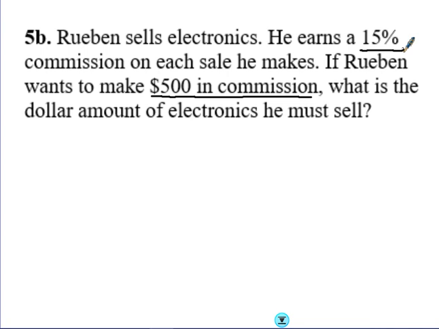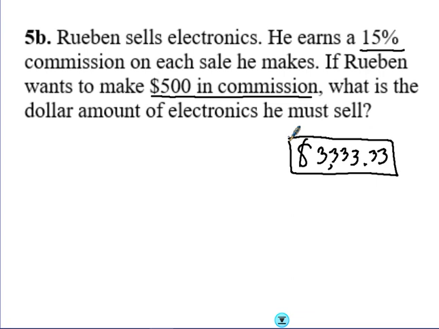I want you to go through the same process that you did last time. Make sure you read the problem, write out the original statement like we did last time, and then solve it. If you did it correctly, you should have gotten $3,333.33, somewhere about there. So try that out, see if you get it, and if not, then let's pay attention to the details and make sure we do it right.